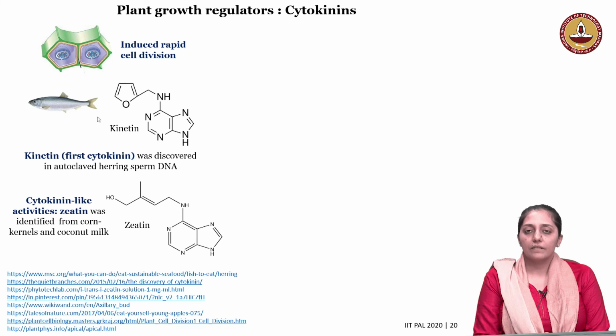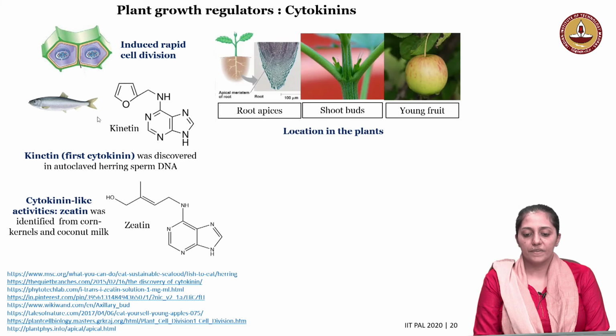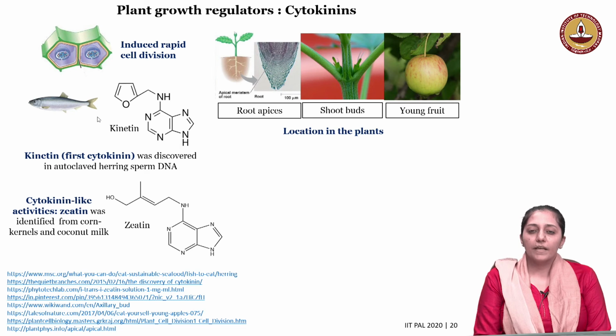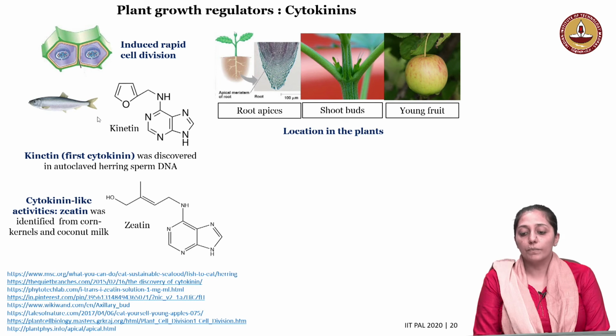Zeatin is another cytokinin which is identified in corn kernels and coconut milk. They are generally found near the root apices, shoot buds, and in the young fruits. You will find higher concentrations of cytokinins at these places in the plant.